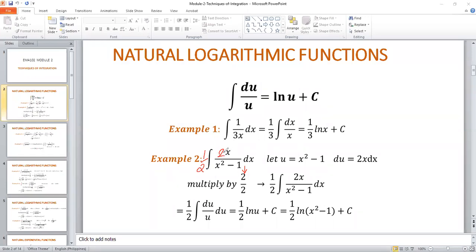And by the way, class, we can also multiply by expressions as long as it's equal to 1. So meaning we multiply, let's say for example, by x squared plus 1 in the numerator, then we should have an x squared plus 1 in the denominator. In that case, you cannot set that particular 1 over x squared plus 1 in that denominator aside. It should be interpreted together with your original integral.